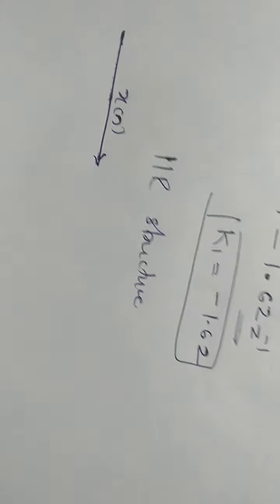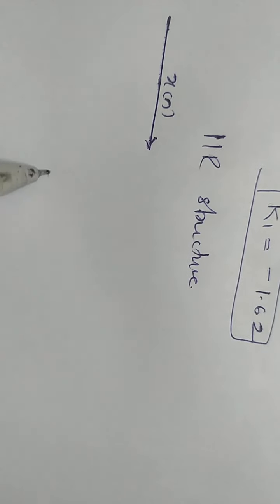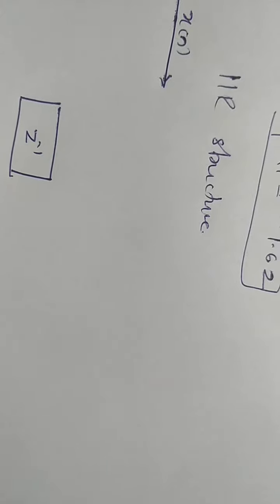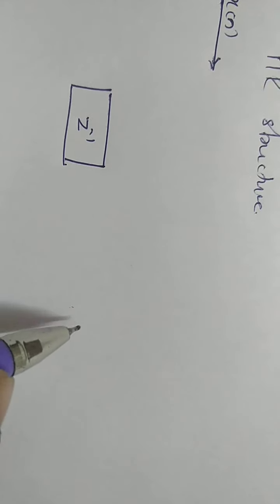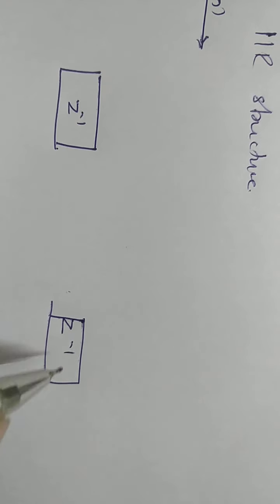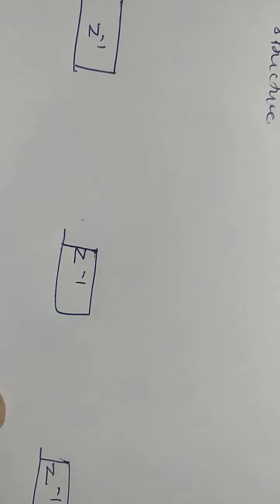Here it is a third order system. First of all, you draw 3 z inverse terms. Okay, each term is placed at a distance. Z inverse and Z inverse. Okay, 3 Z terms. Since it is a third order system, draw 3 Z inverse terms.